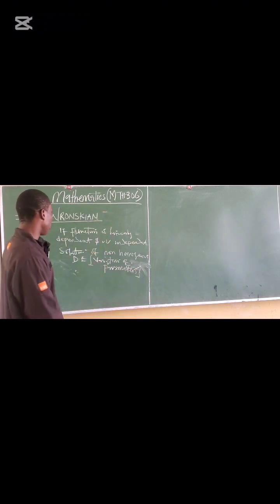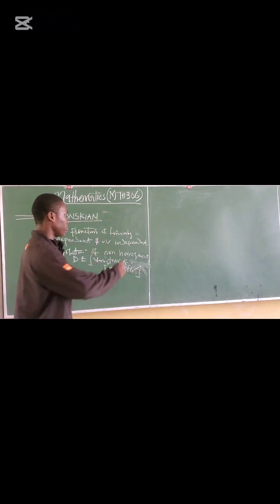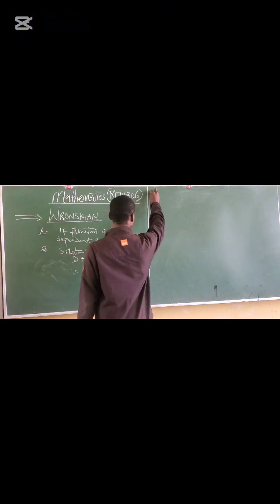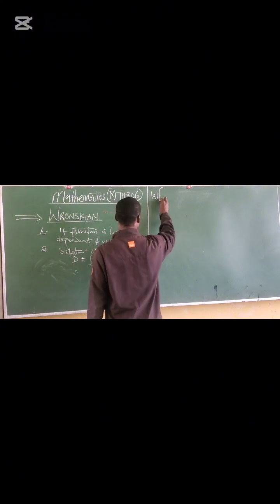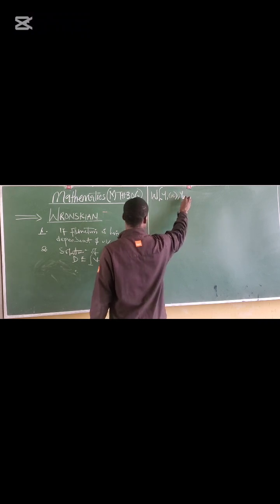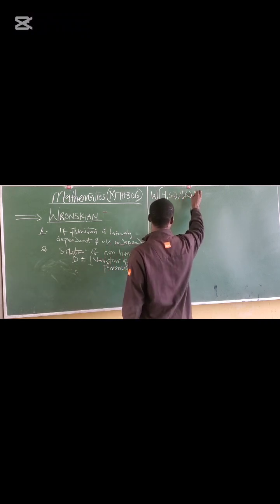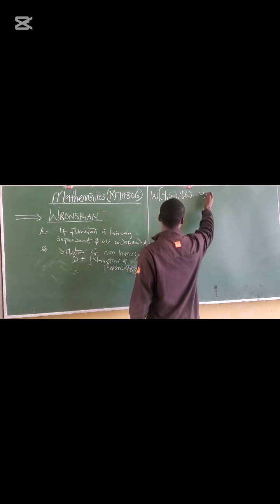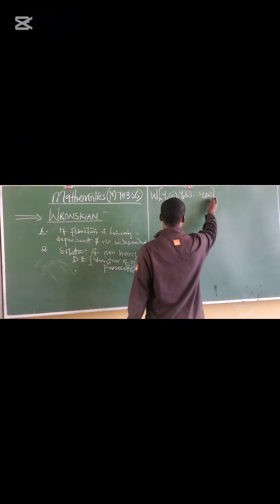The WRONSKIAN of a given function is expressed by the following expression.